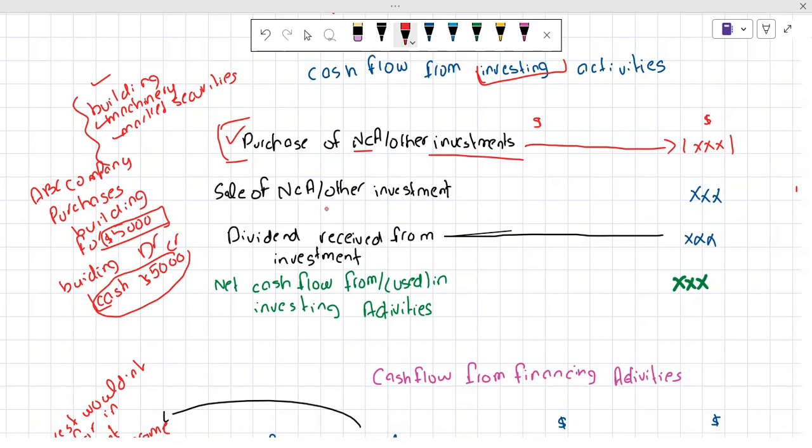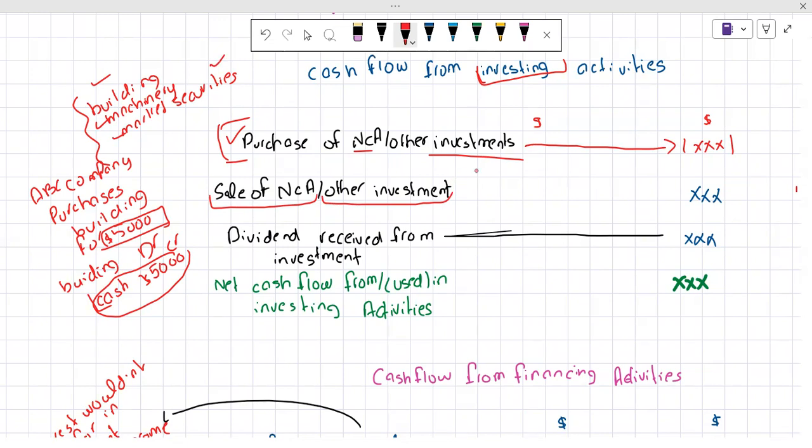After that, if we are selling our non-current asset or our other investments, it increases our cash.